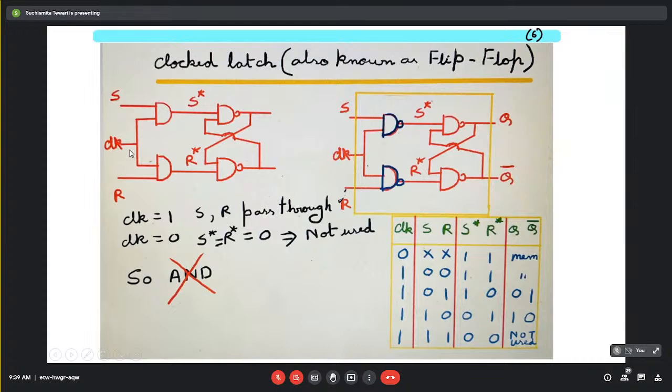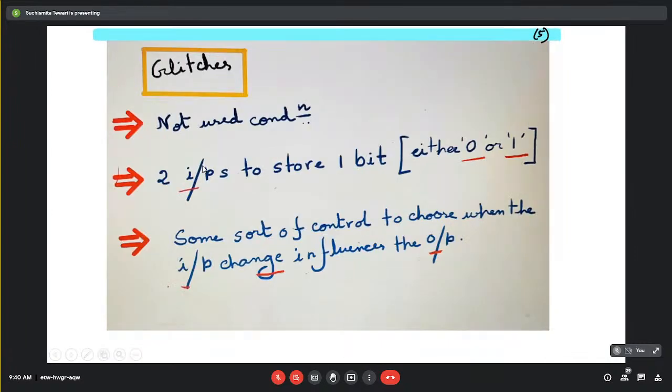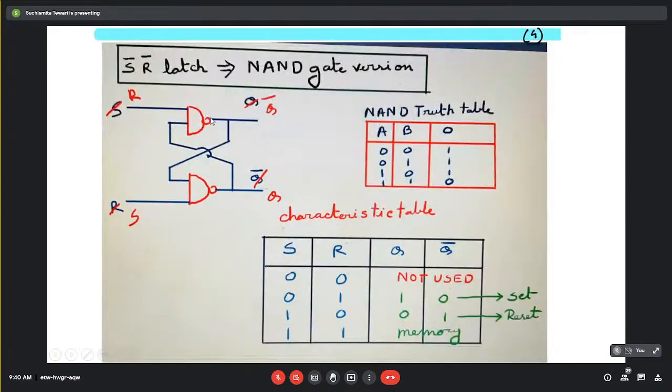But when I am actually disabling these two gates by putting a 0 here, then what is actually happening? It is a NAND gate based latch, this portion. So here it is attaining the 0 and 0 condition. Now the 0 0 condition in case of a NAND gate based latch is the not used condition.